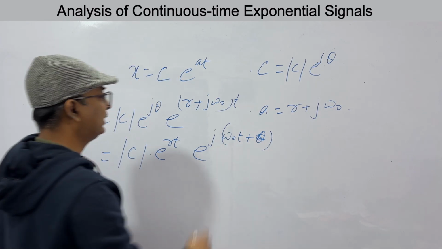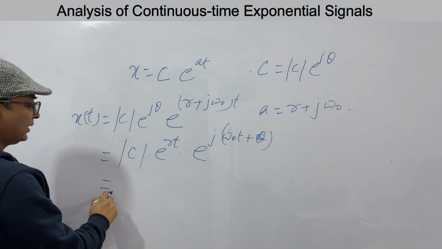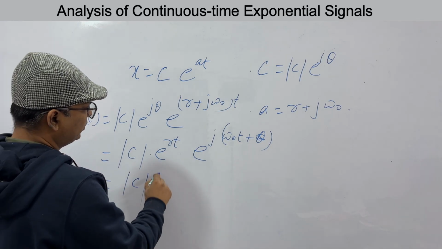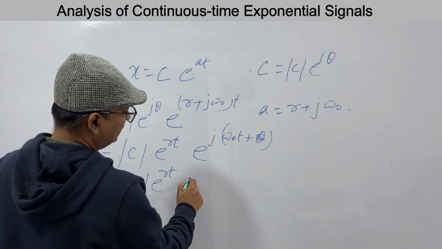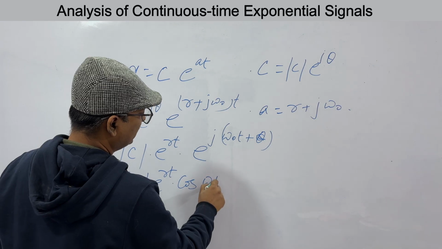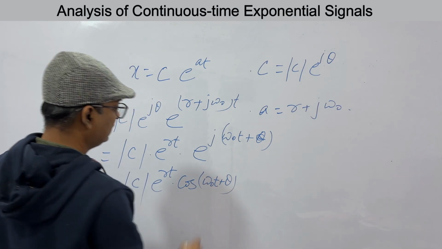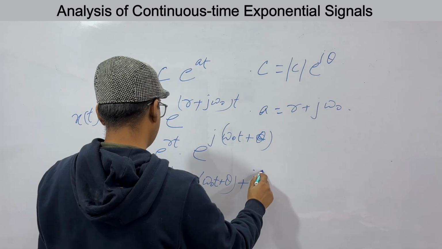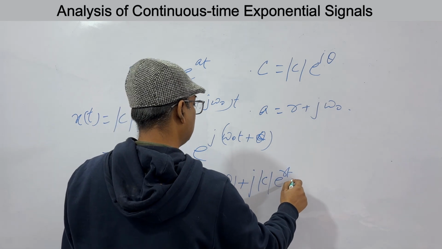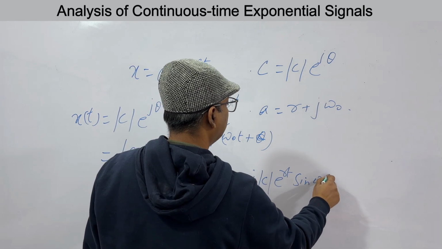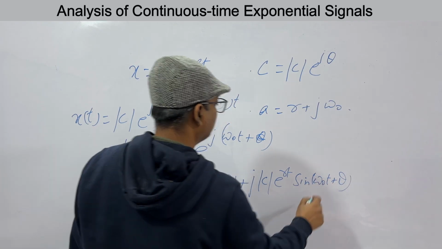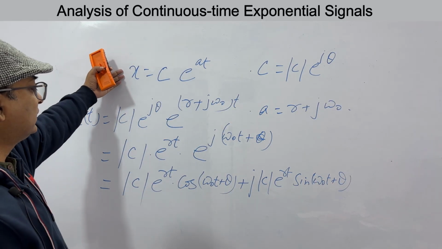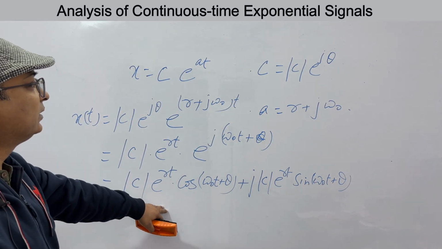Further it can be expanded like this: e to the power rt, first term will be cos of omega 0 t plus theta. This is in exponential form and this is in sinusoidal form, j sine of omega 0 t plus theta. Okay, so this signal can be expanded to this signal.